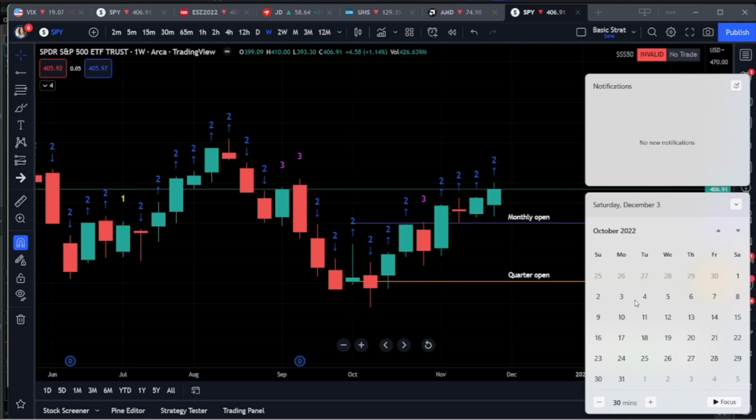So we did not uncouple until the 11th. Why? Because the first day of the month was on Monday. That was the first day of the month. It was also the first day of the week. So we do not have a separate opening here. It does not uncouple until the following Tuesday, where we have a separate month opening and a separate weekly opening. So Tuesday the 11th.